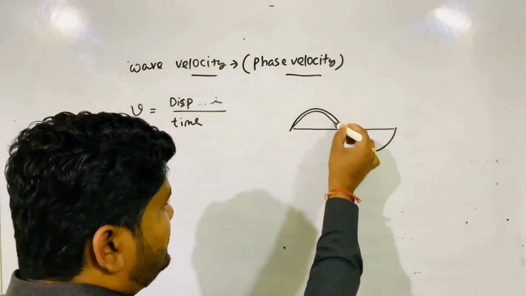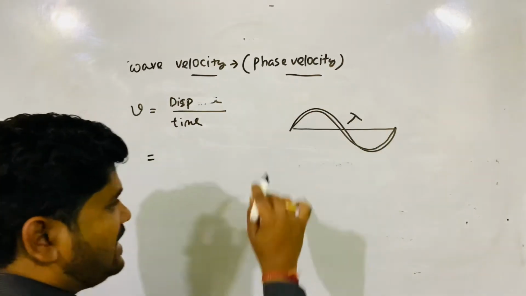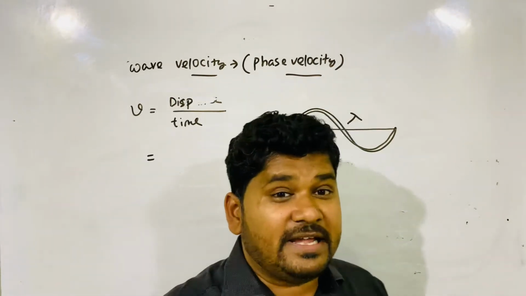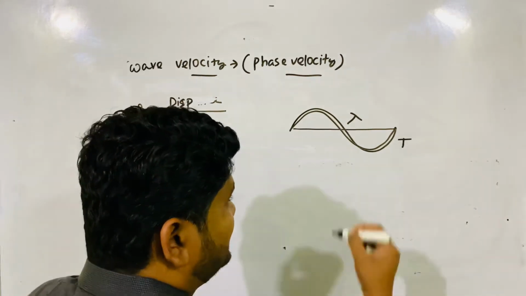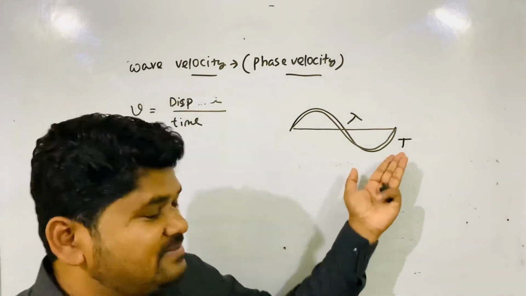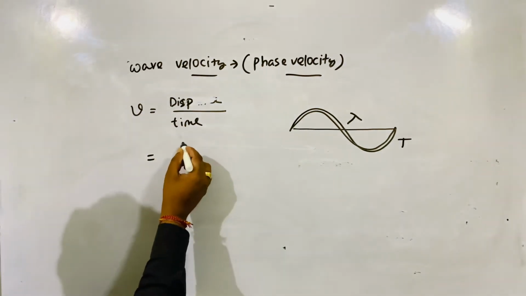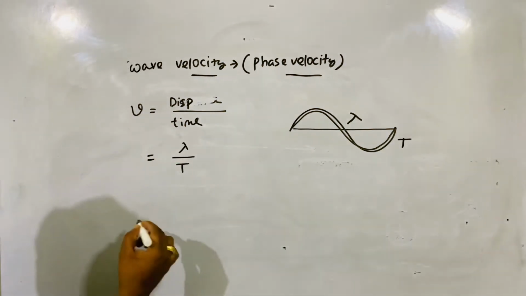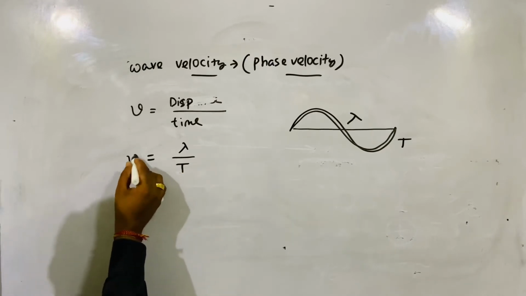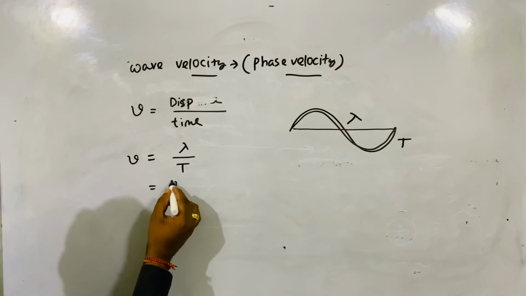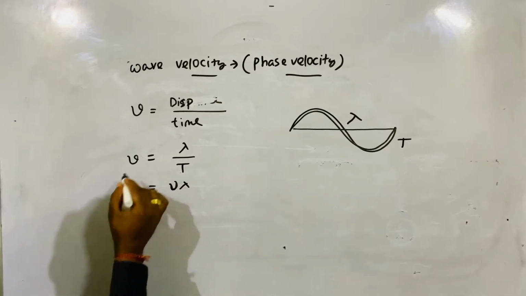In one complete wave, what is the displacement? Lambda. For the time taken, capital T. So the velocity of a wave is equal to displacement lambda by time T, so it's lambda by T. But in place of 1 by T, we can write nu.